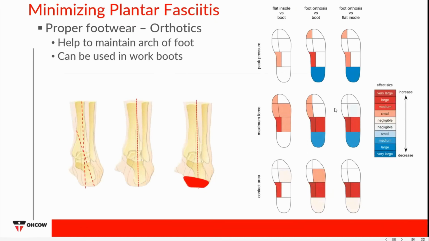Pravesh mentioned orthotics. These are designed to help maintain the arch of the foot, and at the same time also try and correct any abnormality. In the example on the left, that red blob is actually the orthotic, to try and reduce that overpronation and turn the leg back into having a straight ground reaction force going right up and down, as opposed to acting on an angle, which is going to put strain.